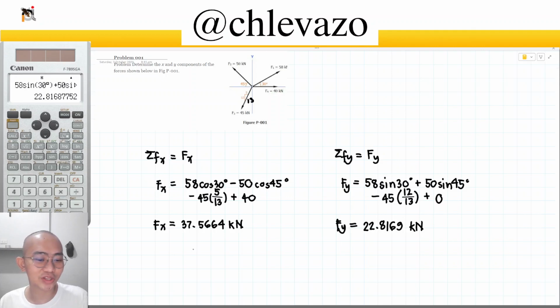If ever we are going to get the value of the resultant, kunin lang natin yung square root ng square nila. Okay, so that would be F is equal to Fx squared plus Fy squared.